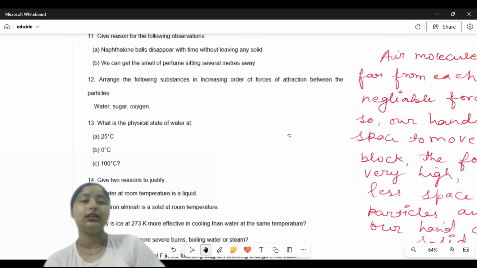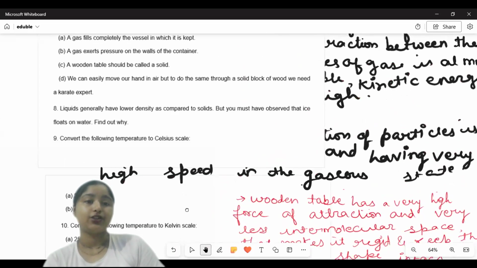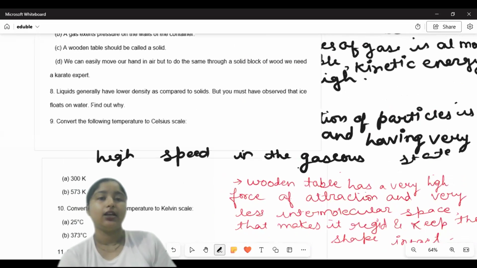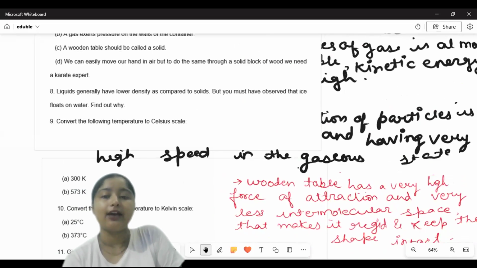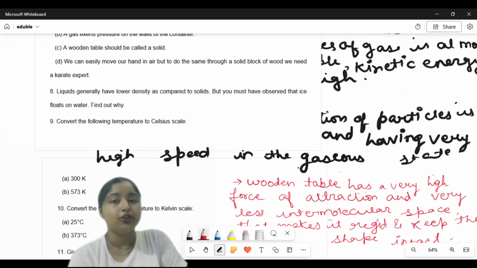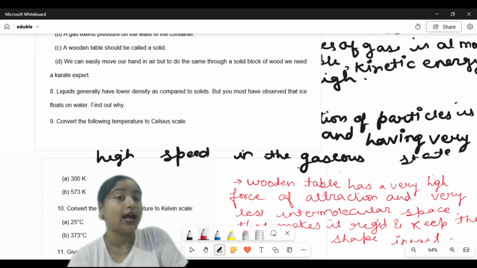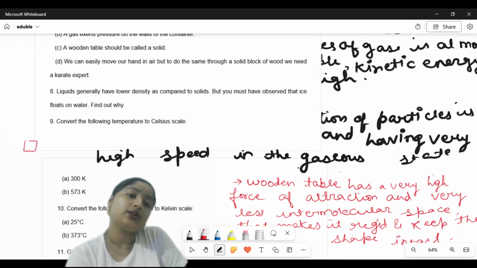Now let's see the next question. The next question is question 8. Liquids generally have low density as compared to solids. But you must have observed that ice floats on water. Find out why. See, generally, solids have more density, and that is why they sink in water.